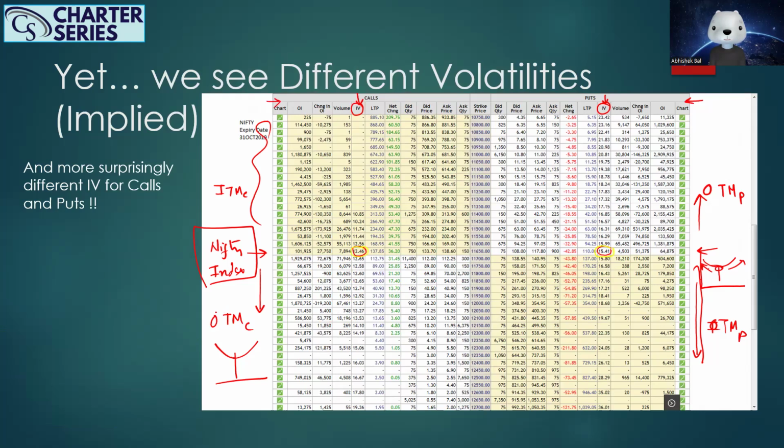Why is it so? It is because volatility is one of the major determinants of option prices. And both in case of calls and puts, we see that the implied volatility, by observing the market prices of these options, even in the out of the money, is only increasing.